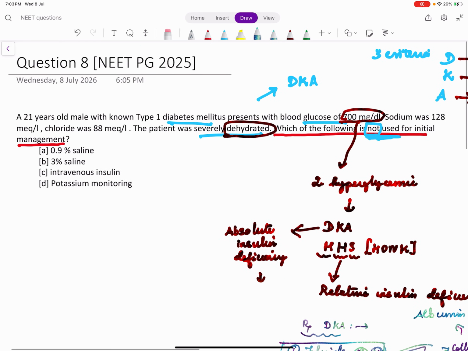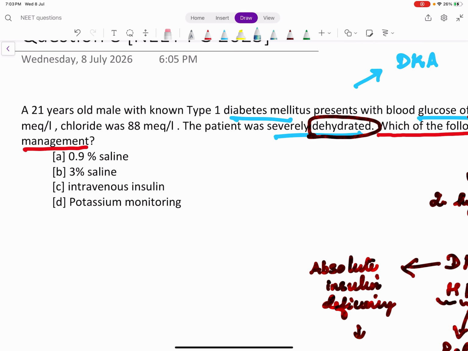Which is not used for initial management? 0.9% saline. In the last question we discussed 0.9% saline is the commonest normal saline which we use in the ward. If you remember the value, it has 154 milliequivalents of sodium and 154 milliequivalents of chloride.